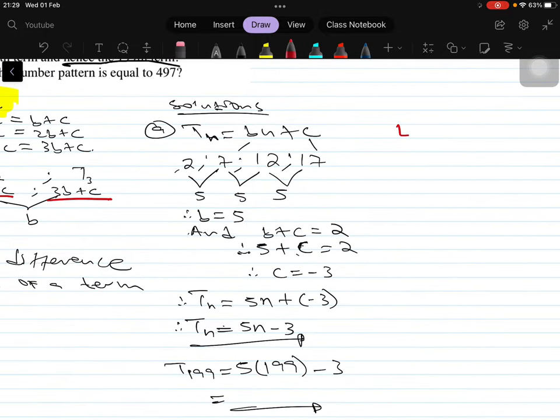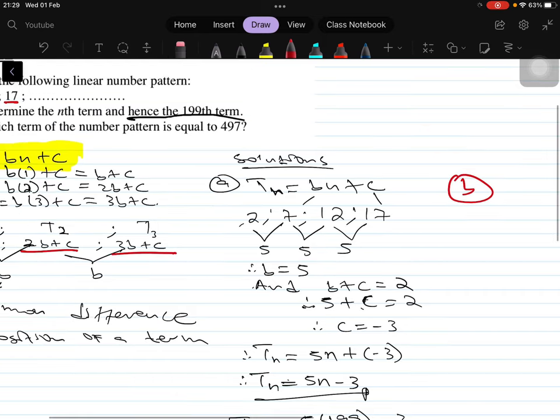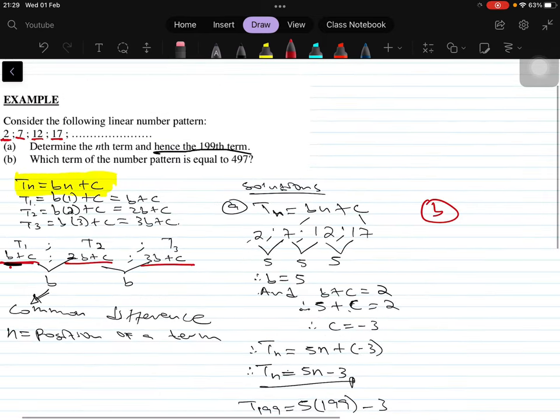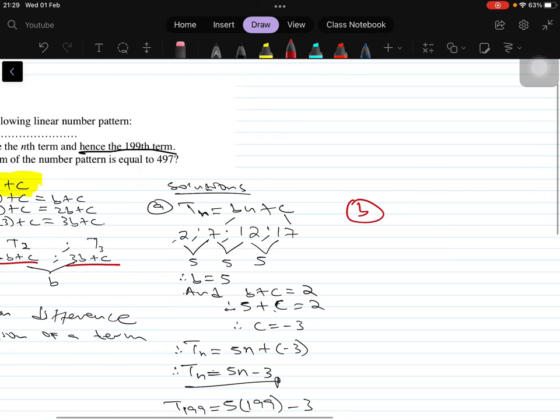However, we move to the second question, b. With b they are saying which term of the number pattern is equal to 497. 497 is the value of that term.